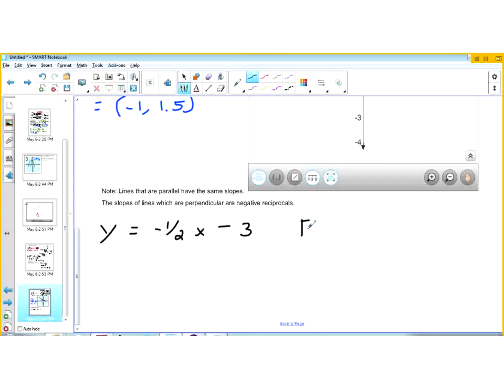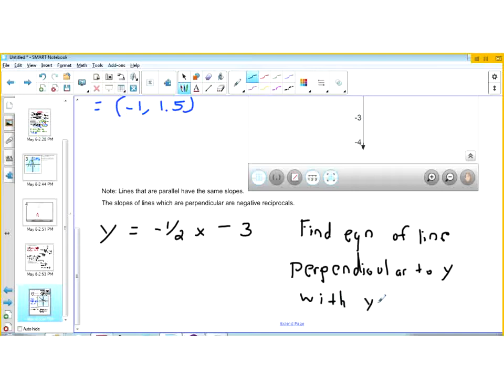So say we want to find the equation of a line perpendicular to this line, with y-intercept, say, 0, pi.